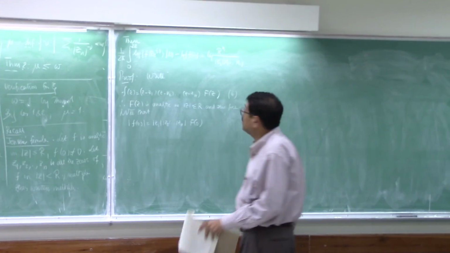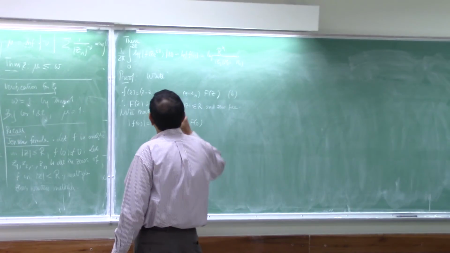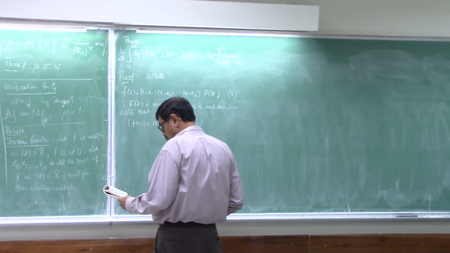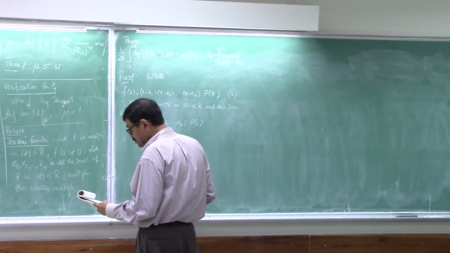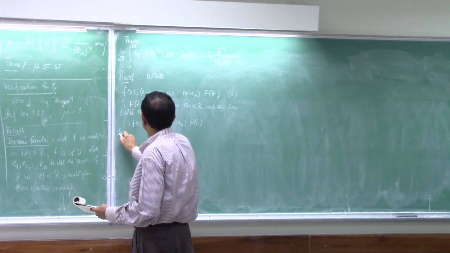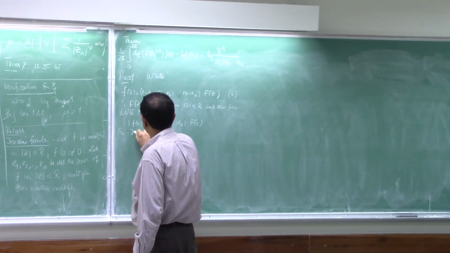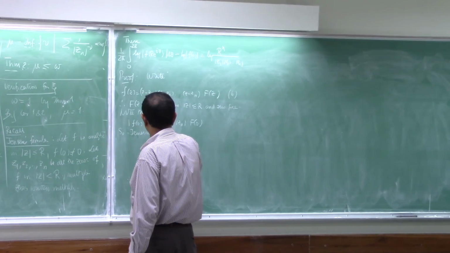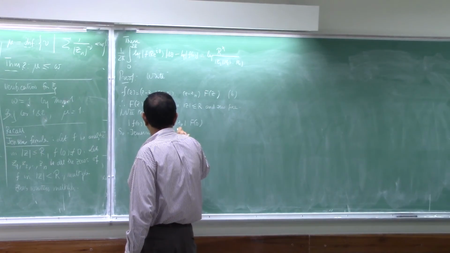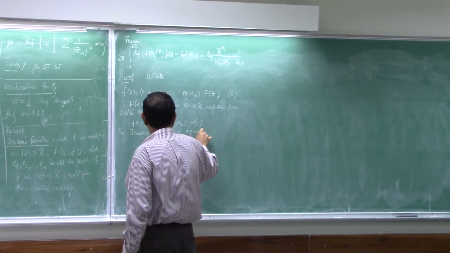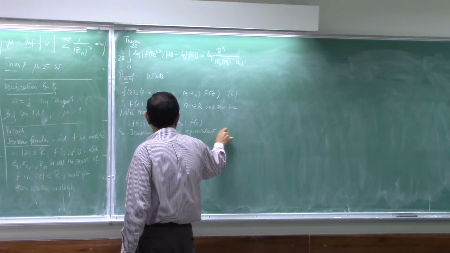So now, the theorem is therefore equivalent to the following. Jensen's formula is equivalent to this, and this is what I'm going to do.